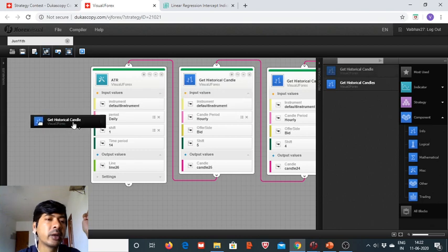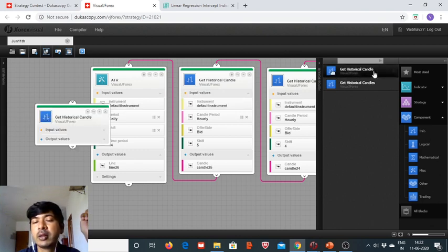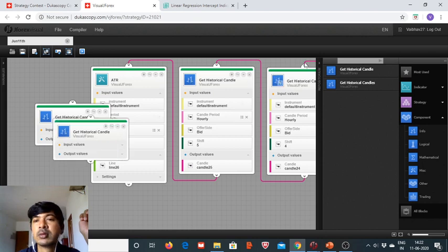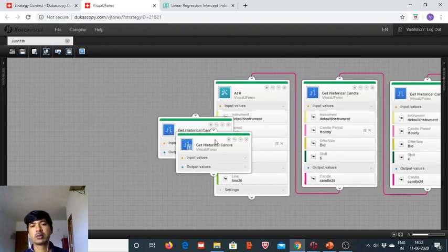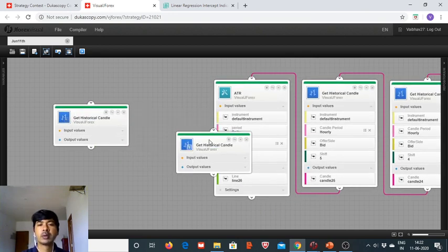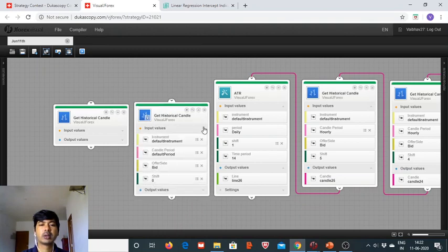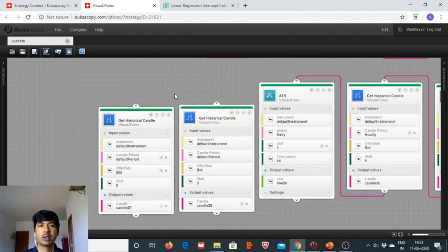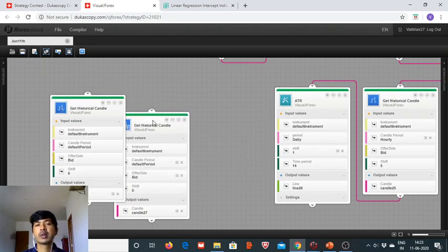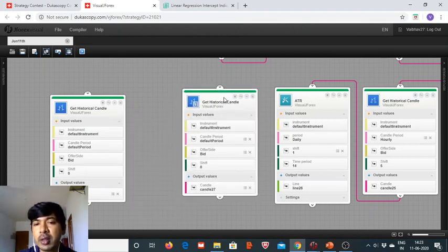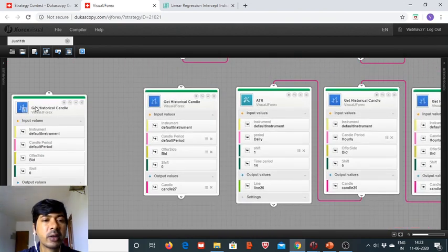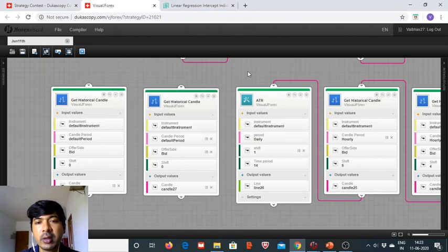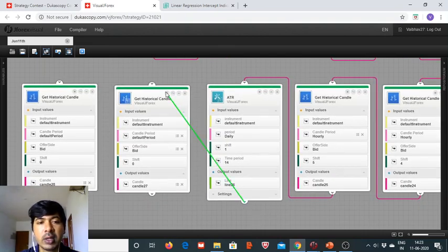So here we take get historical candle, and so here this is candle 28 and this is 27. For ease of naming, we keep candle 27 first and candle 28 second, and then we join the dots.